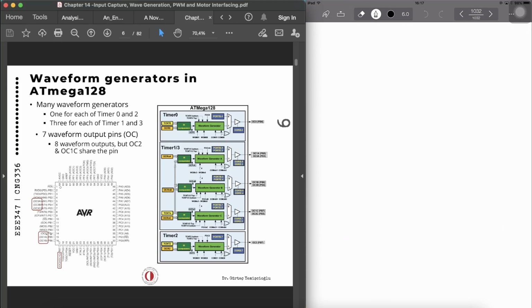So when COM01 and COM00 are 0, it's just a normal output port. Otherwise, the pin acts as a waveform generator pin controlled by the waveform generator. Okay, so you can see how these are designed inside of the ATmega128.